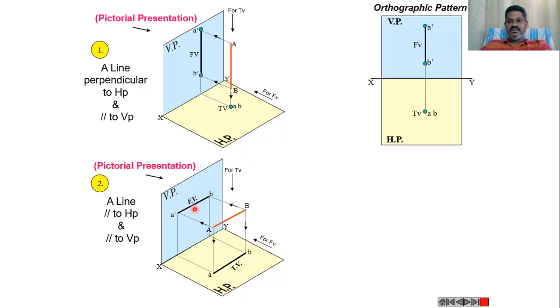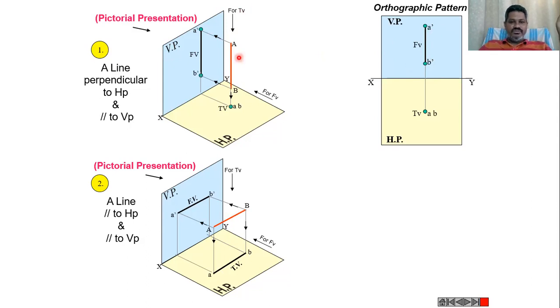And as I said, when the line is perpendicular to HP and parallel to VP, the orthographic projections look like this. The line will be projected onto the vertical plane as a vertical line in the front view. This will become A dash and B dash. In the front view, this line is a vertical line projected onto the vertical plane.